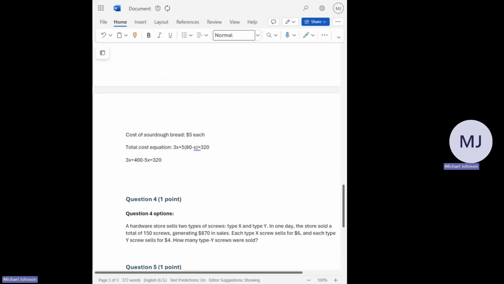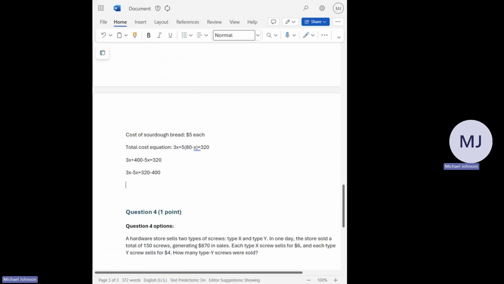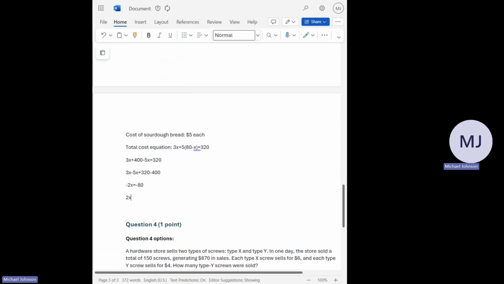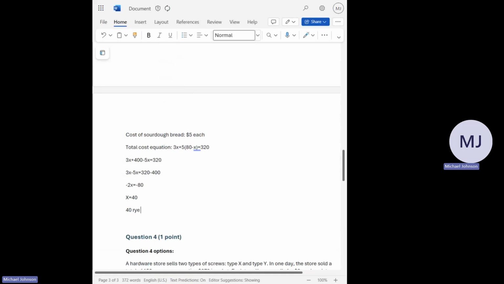Then bring everything to one side, so 3x minus 5x equals 320 minus 400, negative 2x equals negative 80, and then x equals 40. So 40 rye bread loaves were sold. So you do that for that one.